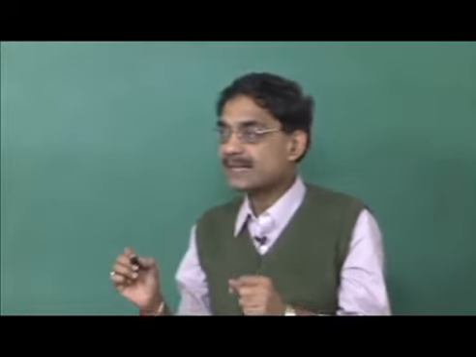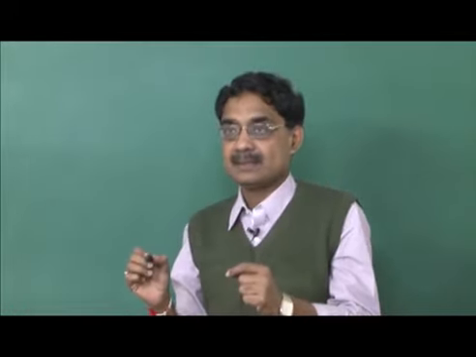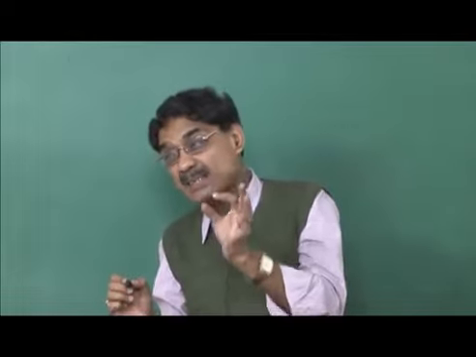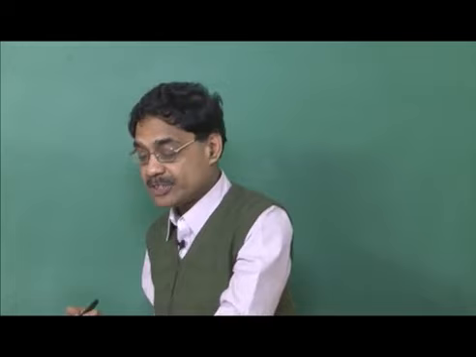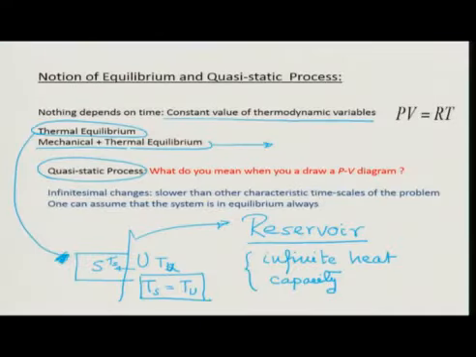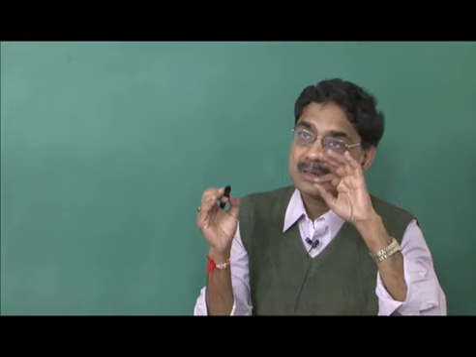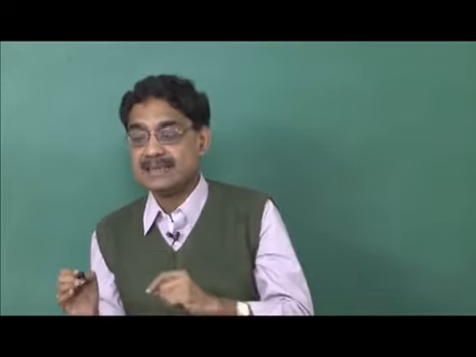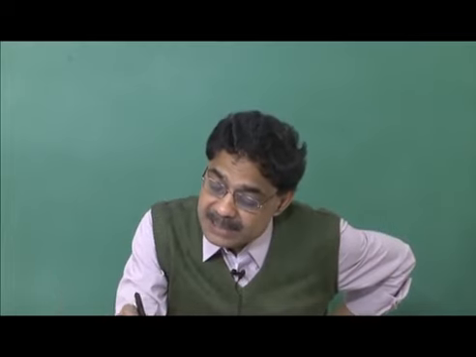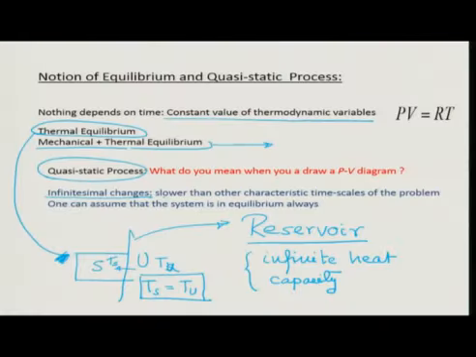So, quasi-static process is a process, you should understand it is quasi-static, that means almost static. I am changing the parameters, be it movement of wall or supply of heat, very, very slowly. There is an infinitesimal change, slower than any other characteristic time scales of the problem.